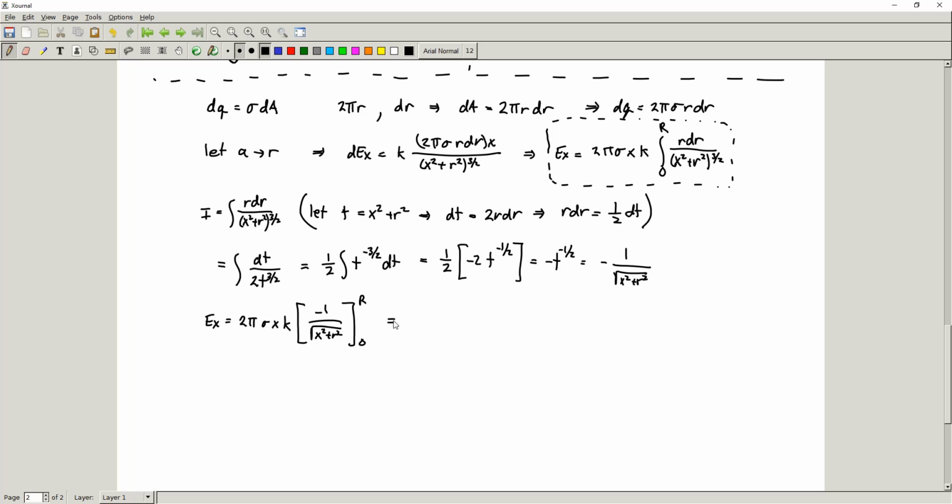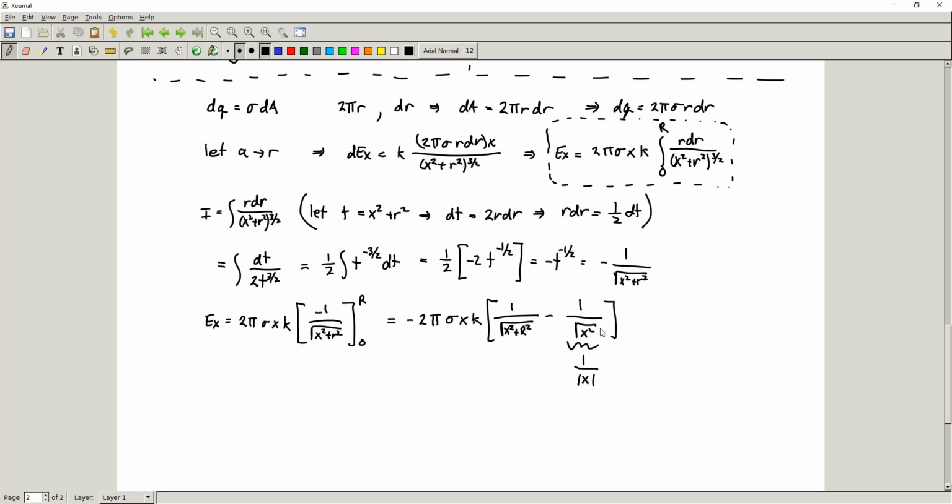We can pull out the minus sign. We're going to end up with a minus 2 pi sigma x k, and then our first term is going to be r, so we're going to substitute r in for lowercase r here. We're going to end up with 1 over the square root of x squared plus r squared minus, and if we substitute in 0 for lowercase r, we're going to end up with 1 over the square root of x squared. Okay, and this we could simplify into 1 over absolute x.